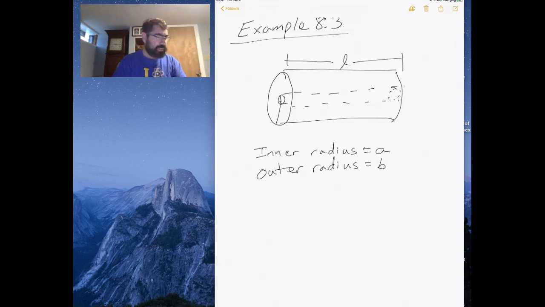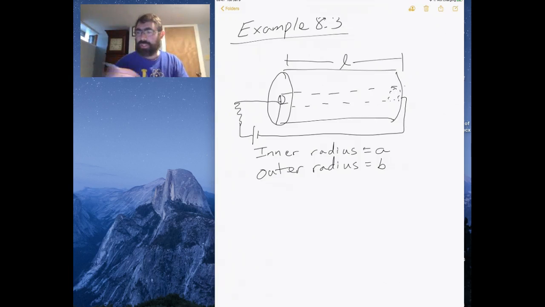And now what we're going to do is hook this up to a battery. Imagine that I connect the outer cylinder to a battery and then hook it up to a resistor, and then I hook that up to the inner cylinder.